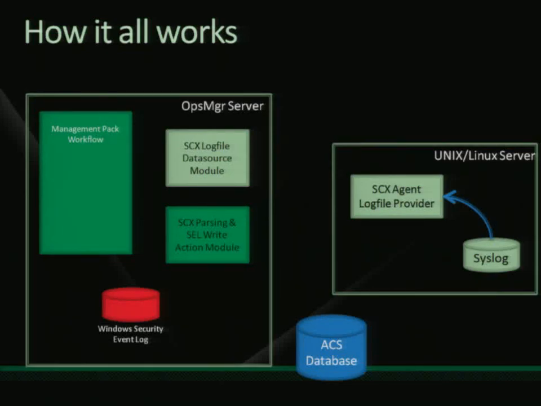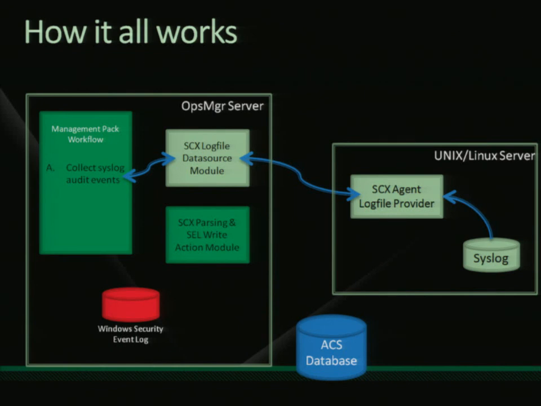On a regular basis, every time there's a new rule, we pass that filter down to the log file provider on the right there, and it caches it, and then it now looks for that log file and that filter. As I said, on a regular basis, the management pack triggers a rule to go and collect the syslog event. That goes to a log file module that we have as part of R2. That connects to our agent, pulls that information back.